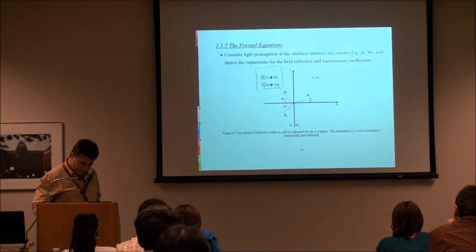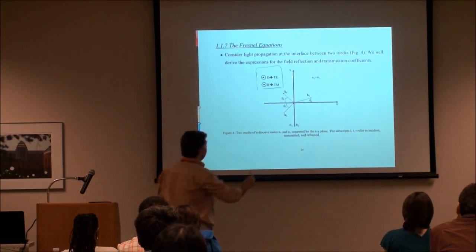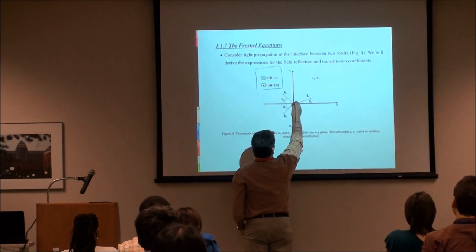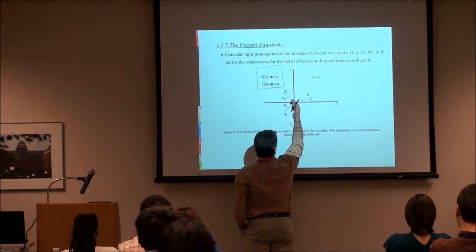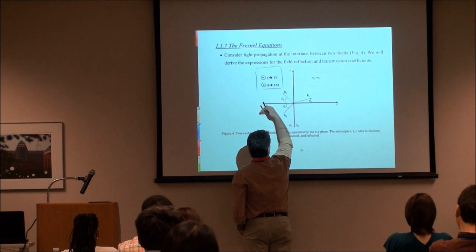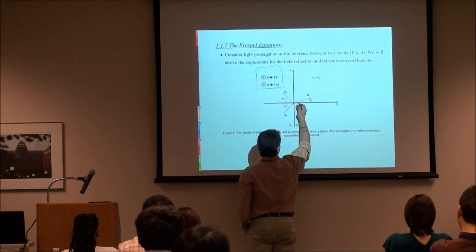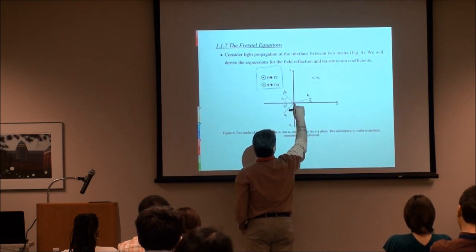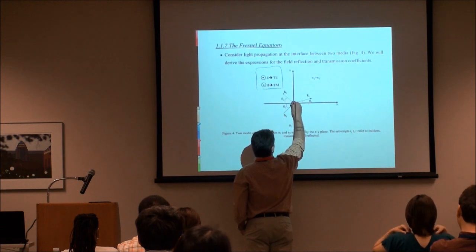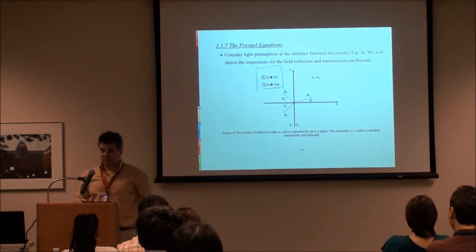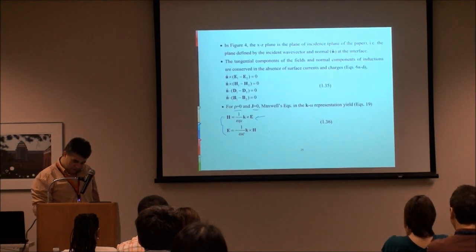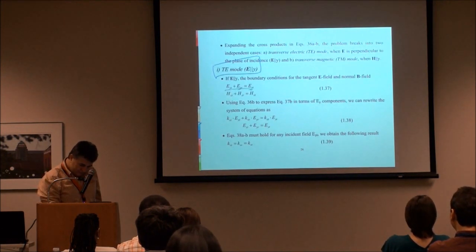If this is the E coming out of the plane, that is the tangential part. Right? It's in the plane. So the tangential part in this field has to be equal to the tangential part in this field. So here I have one component from the incident, one component from the reflection. And in the field in medium 2, I only have the transmission. That's why we write it like this.